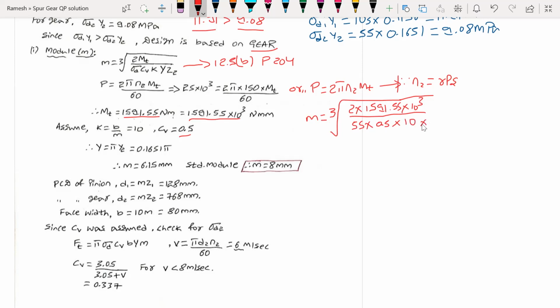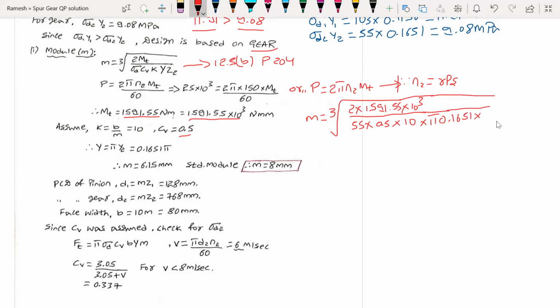Substitute that into capital Y. Don't confuse this with the small y, the Lewis form factor. Therefore, capital Y is pi into y2, which is calculated as 0.1651 into Z2. Okay, Z2 is calculated.